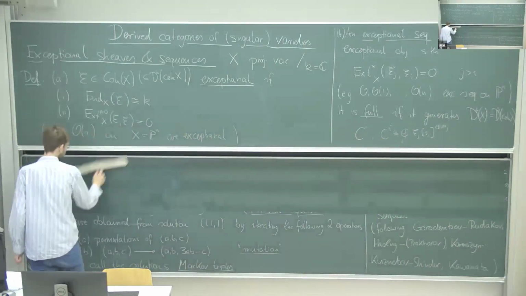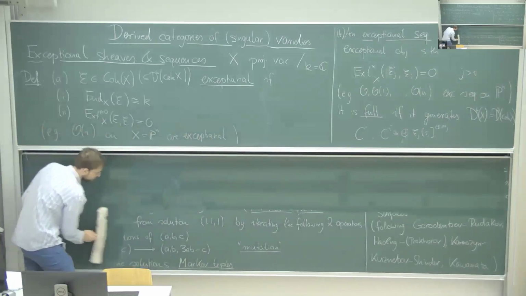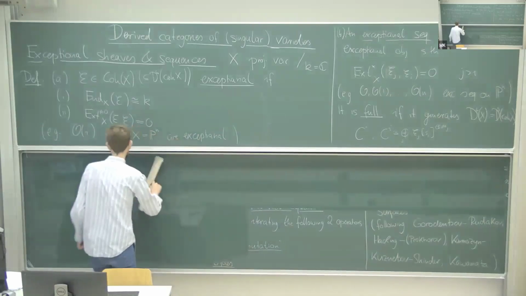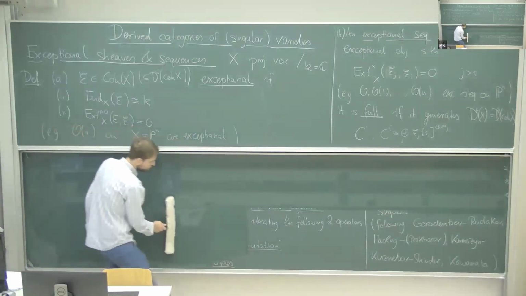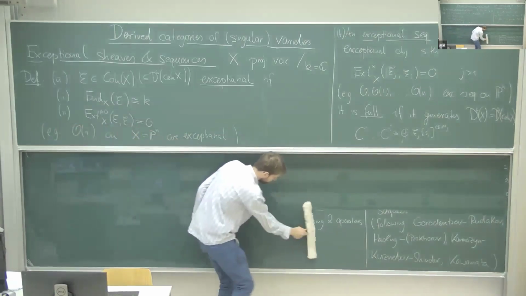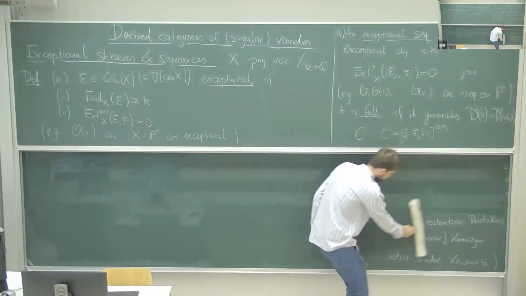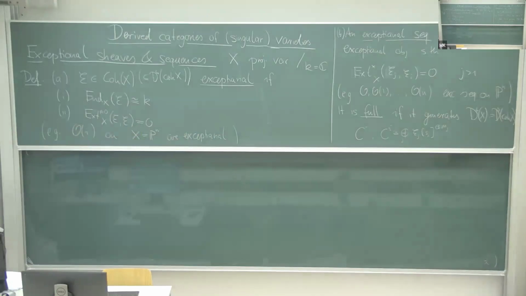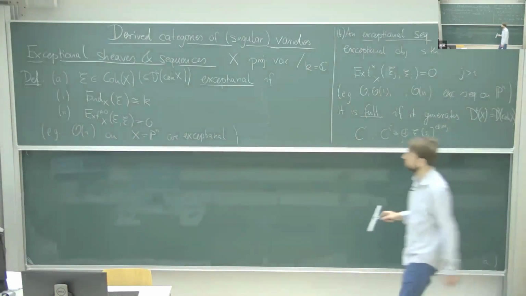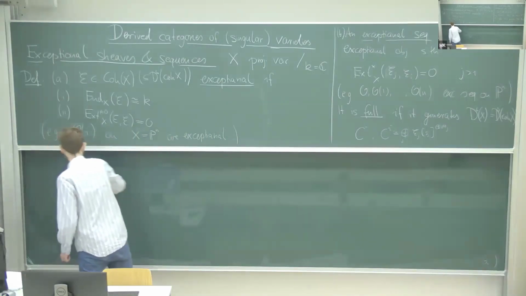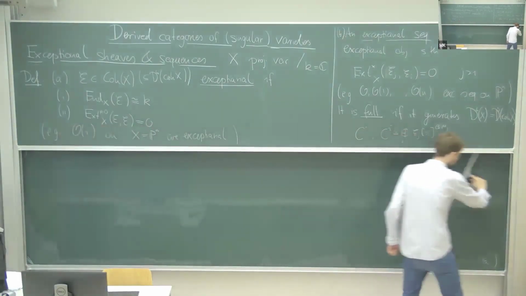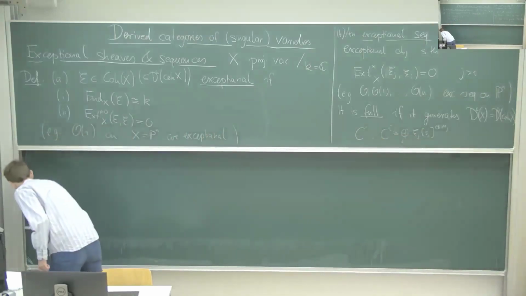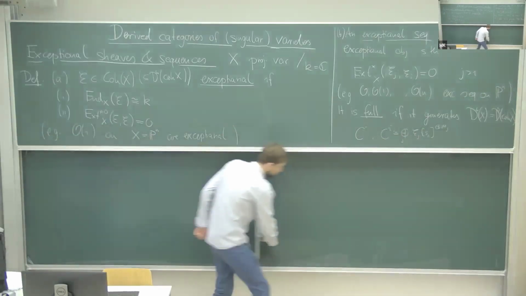One can think of these exceptional sequences as a basis of the derived category, as one would think of a basis of a vector space or of a free module. And there's a way of making this precise, which I will write down in a moment.